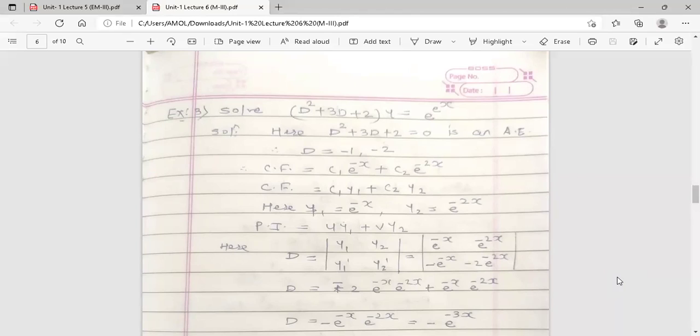So here all the methods to find the PI are over. Now in the next lecture we are going to discuss the equations which are reducible to LD, meaning the differential equations which are not LD, but we can reduce those differential equations to linear differential equations with constant coefficients. And after reducing to LD, we can solve the examples.